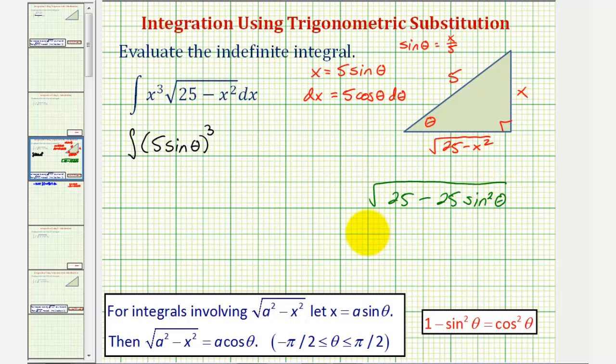So if we factor the 25 out, we'd have 25 times the quantity 1 minus sine squared theta, which equals cosine squared theta, which does equal 5 cosine theta. So we have a factor of 5 cosine theta, and then differential x equals 5 cosine theta d theta.